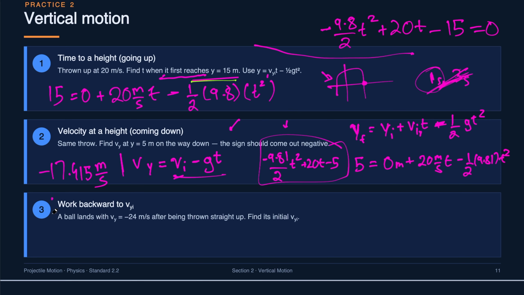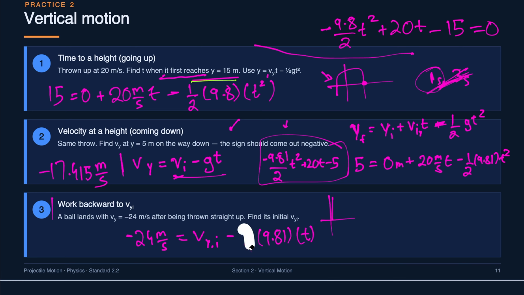Now last one. A ball lands with Vy equal to negative 24 meters per second after being thrown straight up. Find its initial Vyi. Okay. Negative 24 meters per second is equal to Vyi minus 9.81 times t.